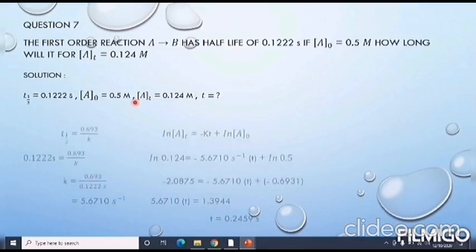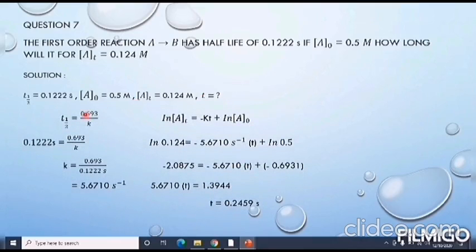First of all, we use the half-life formula for the first order reaction.